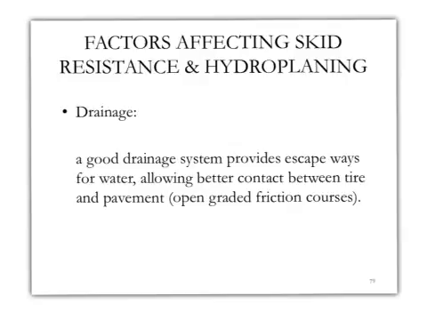Also, drainage can be a problem that directly affects the skid resistance. If I have a good drainage system, then I'm gonna be able to provide a good way for the water to escape, which allows better contact between the tire and the pavement, and therefore the skid resistance would be maintained even during rainy conditions.